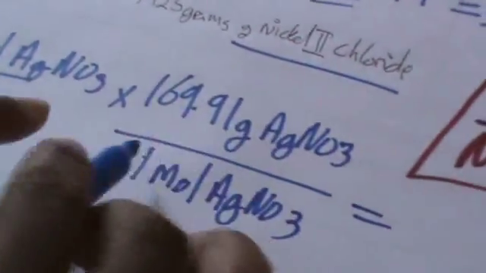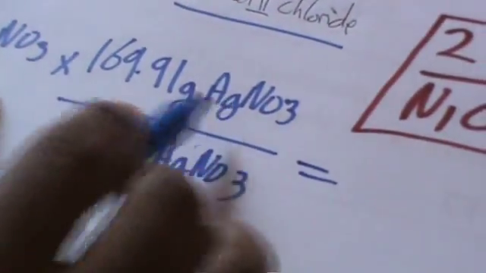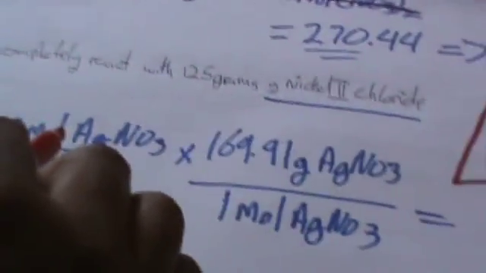Now that I have my grams of silver nitrate, we're ready to cancel out everything and get along with the business. Let me grab my red permanent marker. This cancels out the grams there, the moles of nickel chloride, boom, boom. You have the moles there, and then you're left with this figure on top here.